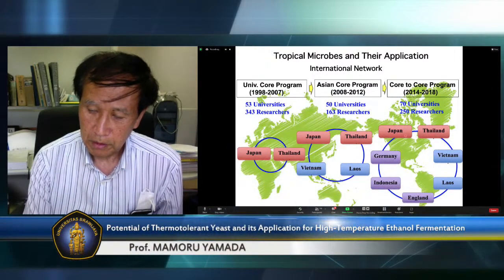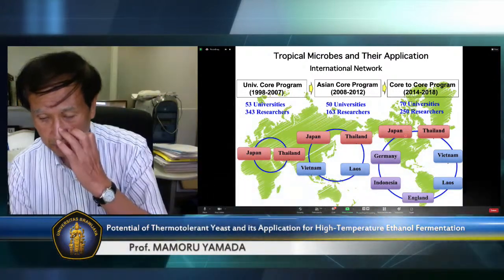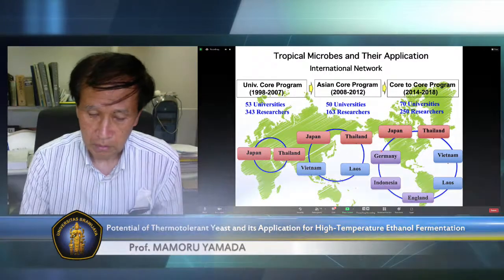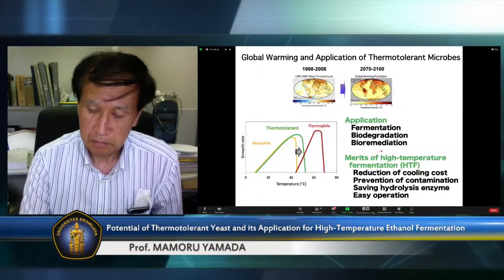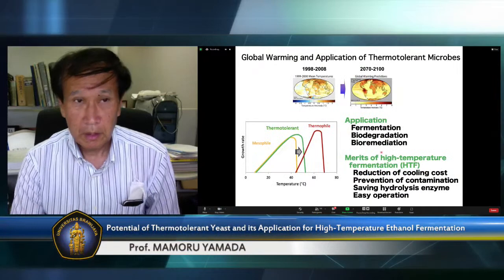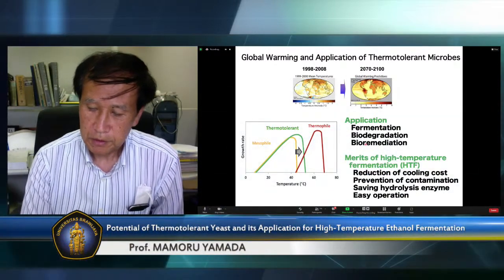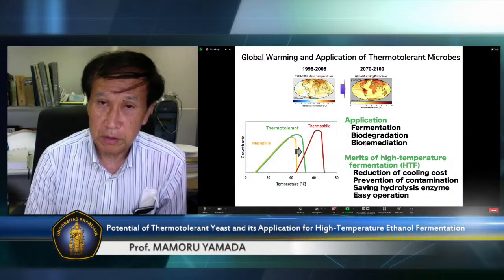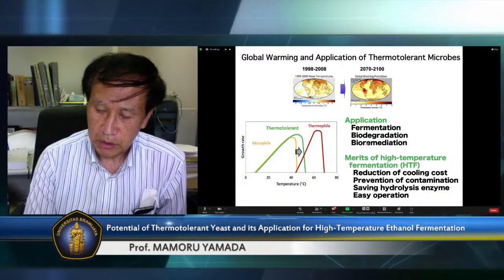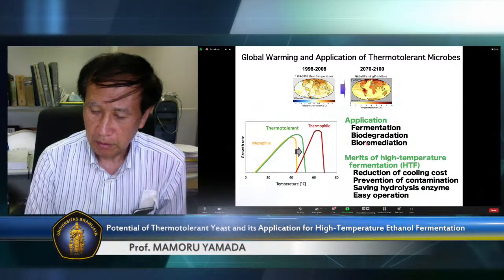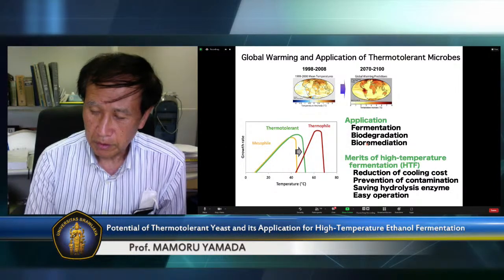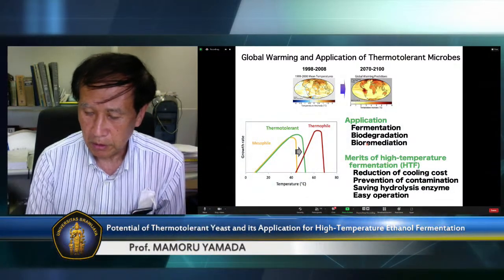In these programs, University of Brasilia was a core university. As you know, global warming is a worldwide issue of this century. We believe that the application of tropical microbes can contribute to solving some issues related to SDGs.